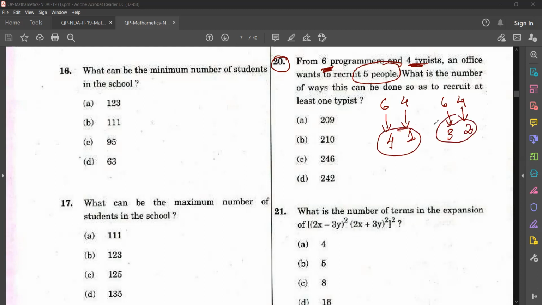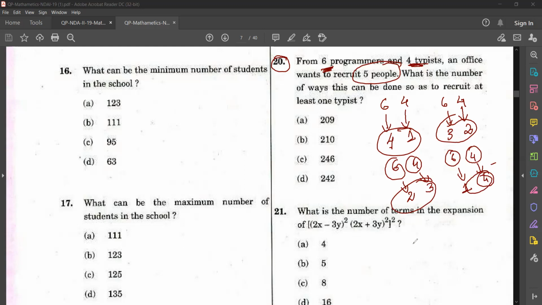Or 2 programmers and 3 typists. Or 1 programmer from 6 and 4 typists from 4. So totally 5. So these are the possible ways.